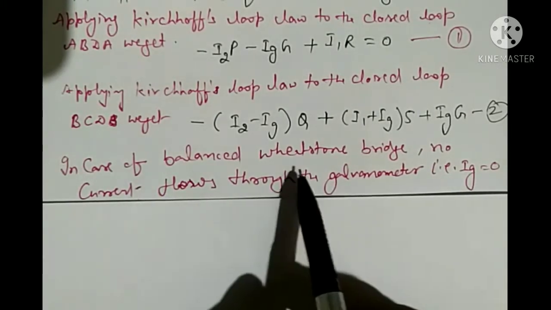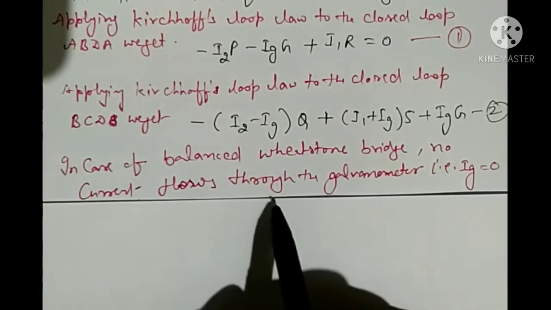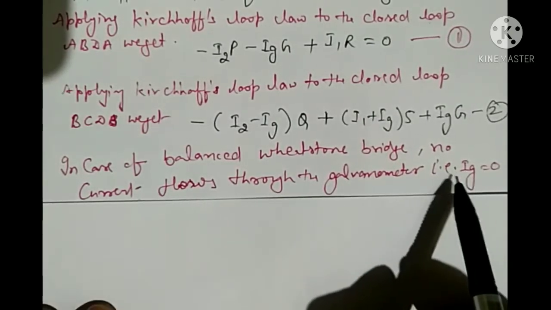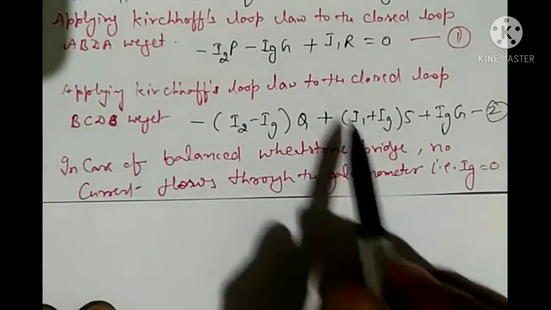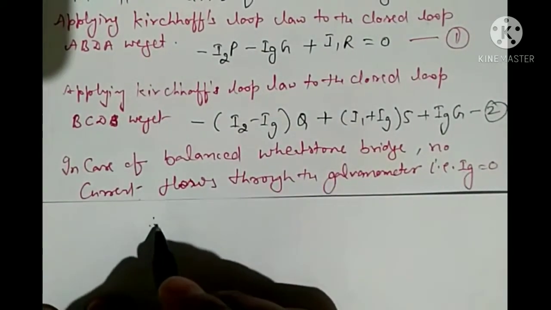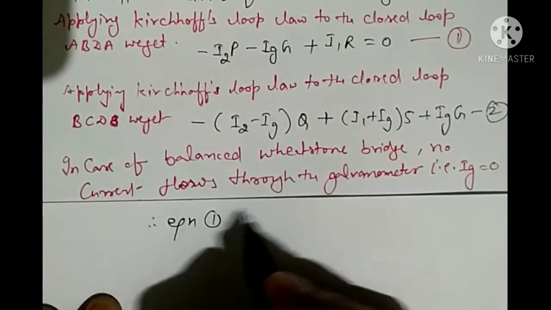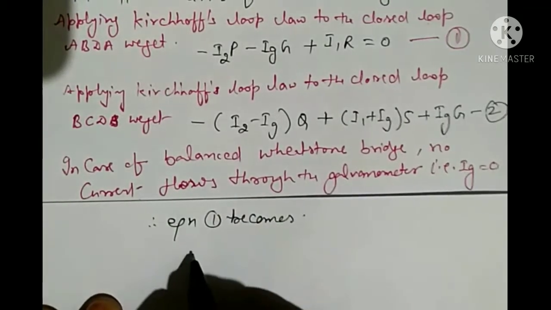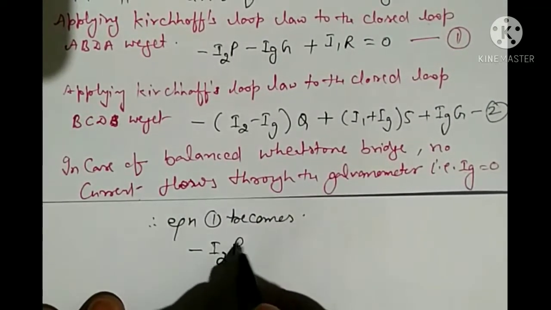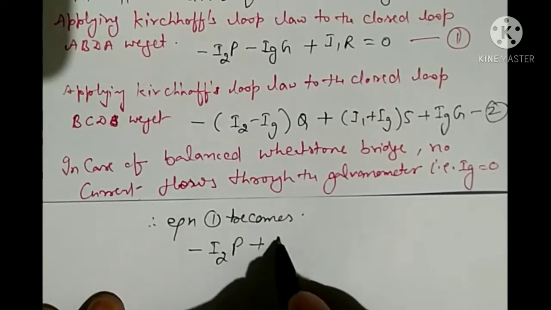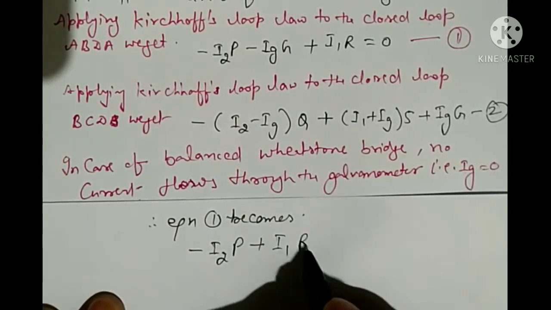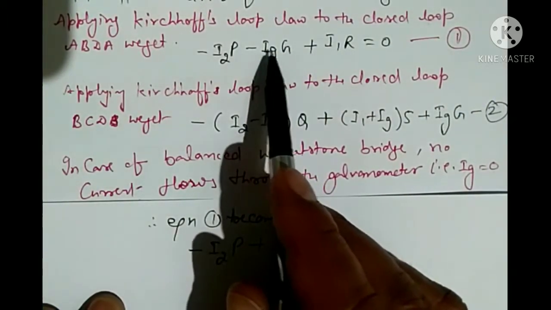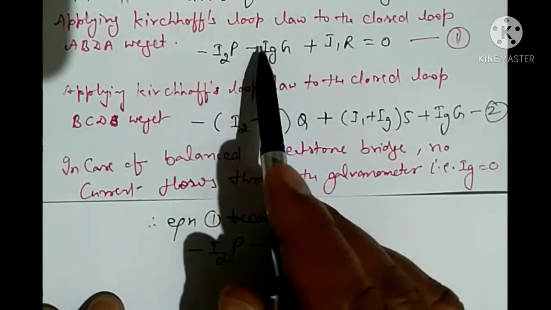In the case of a balanced Wheatstone bridge, no current flows through the galvanometer, that is Ig is equal to 0. Now put Ig equal to 0 in equation 1. So equation 1 becomes minus I2 P plus I1 R is equal to 0. When we put Ig equal to 0, this whole term becomes 0.